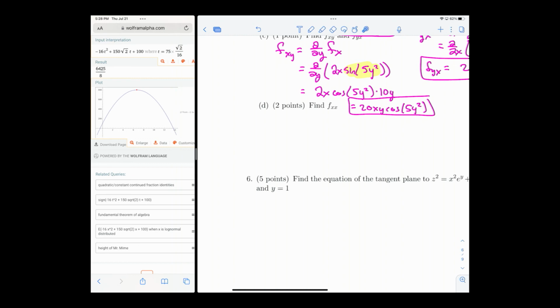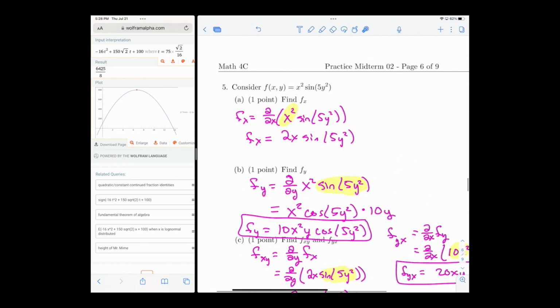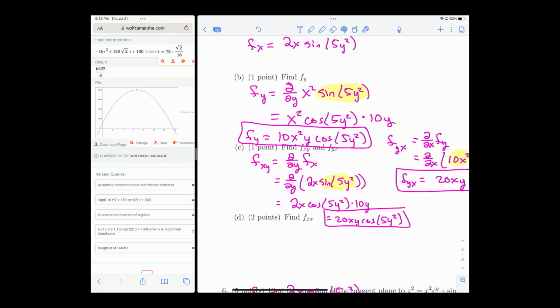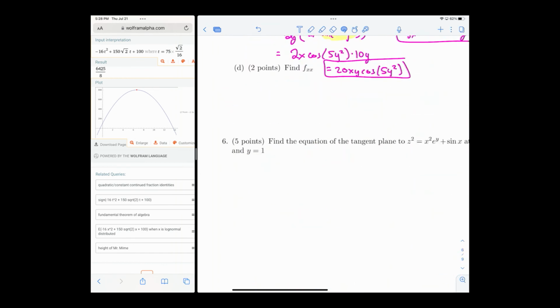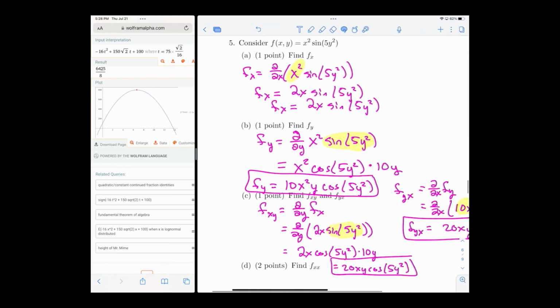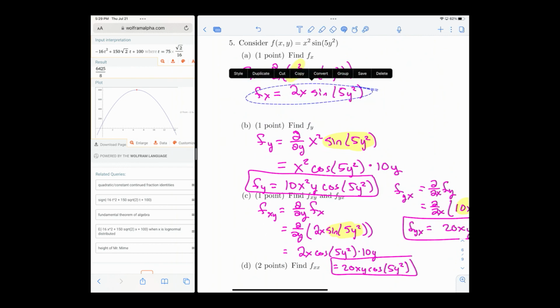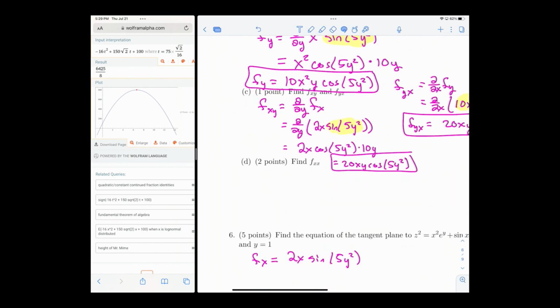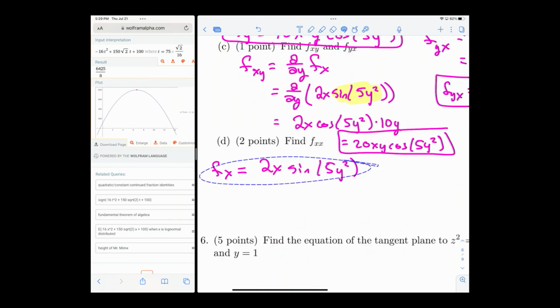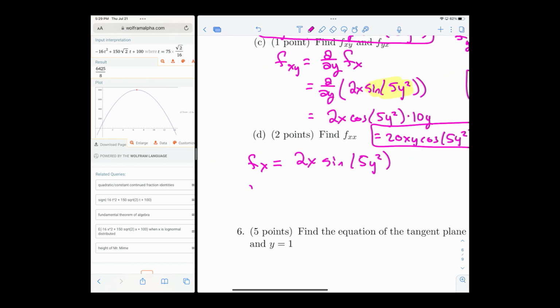Next, fxx. So we have fx up here, still that. We need fxx, which will be the partial with respect to x of the partial with respect to x.